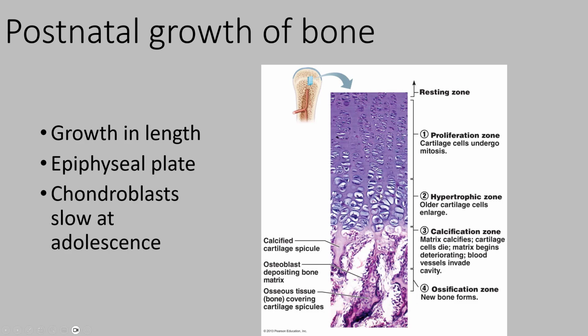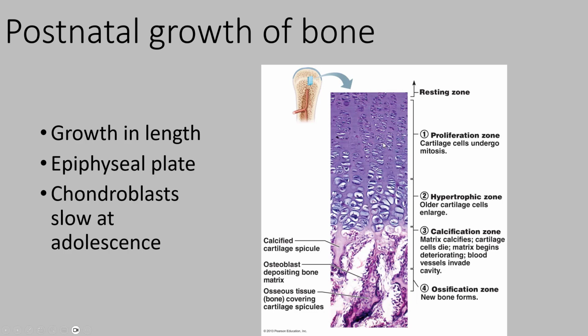Until eventually we get to the next area, called the hypertrophic zone. Here the cells in their lacunae are much bigger than they were up in the proliferation zone. The proliferation zone is still undergoing mitosis, but the cells being produced are pushed down into the hypertrophic zone, where mitosis stops, but they get bigger.